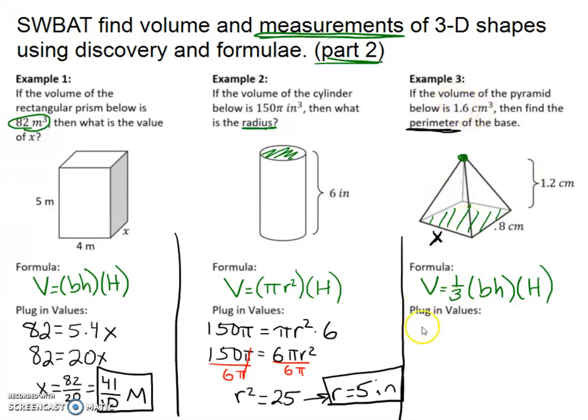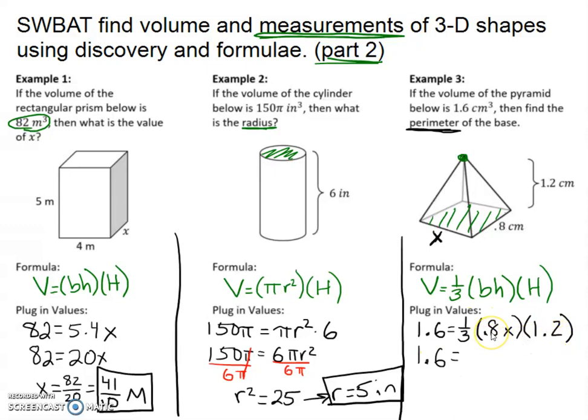In this case, they told us that our volume was 1.6, and then we've got 1/3. Base times height here would be 0.8 times x, and then the height of the entire thing is 1.2. Just like the last couple of examples, we're going to multiply 1/3 times 1.2 times 0.8 all together to make this easier on ourselves, and the 1.6 just stays there.